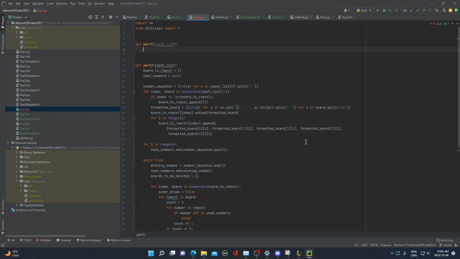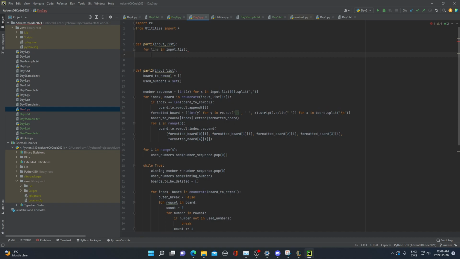So, what should I call it? For line in input list, we want to split this line up by this delimiter here, which is the arrow.